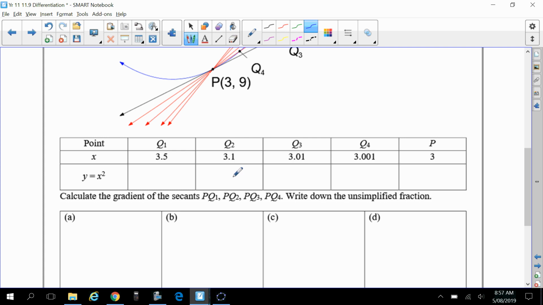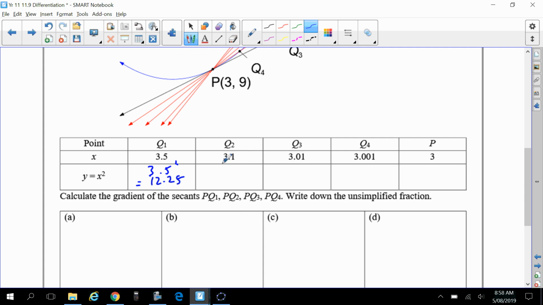So what we're going to do is work out the y value for each. We're going to relive that moment where calculus was discovered, understanding it from a slightly different perspective. 3.5 squared, use a calculator. Do not round, keep the whole thing.